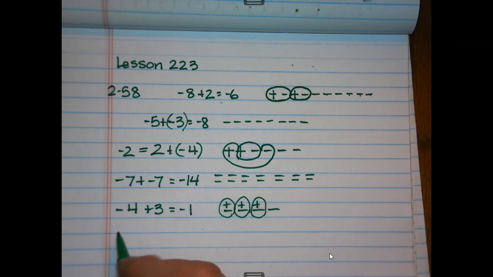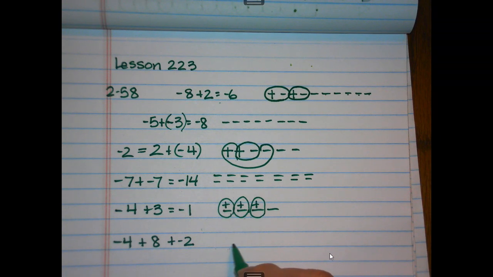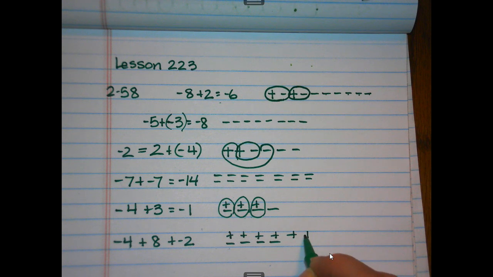Another problem that we have is -4 plus 8 plus -2. So we'll start with -4: 1, 2, 3, 4. Put those positive 8s just above them to make it easier to visualize and group: 1, 2, 3, 4, 5, 6, 7, 8.